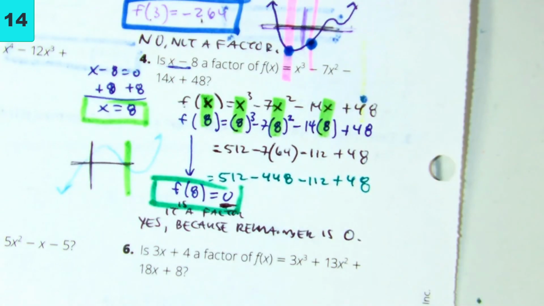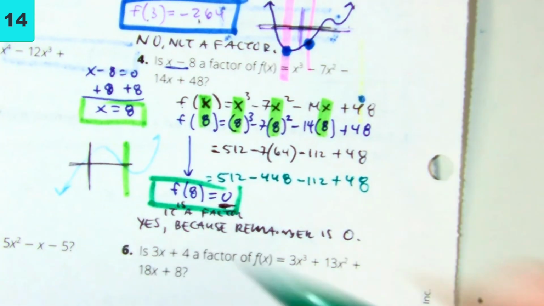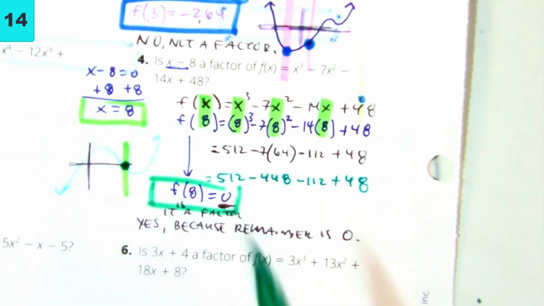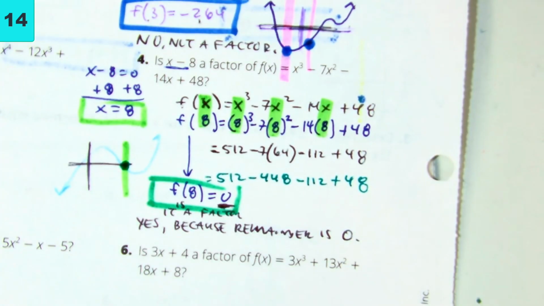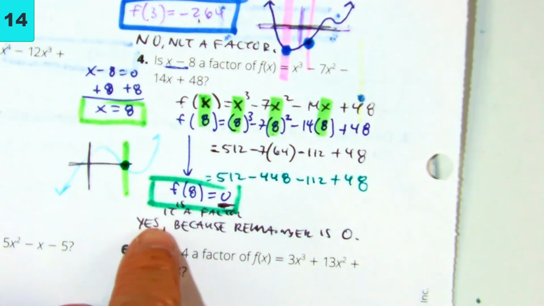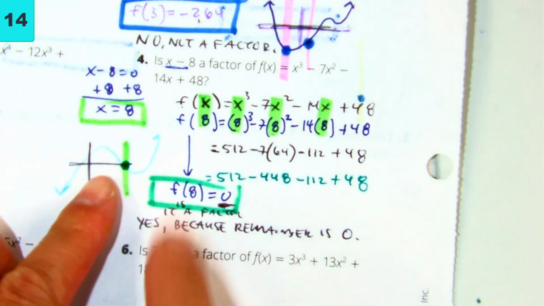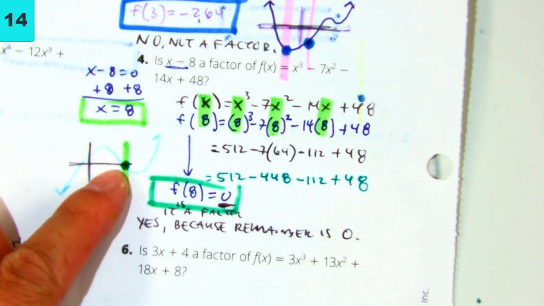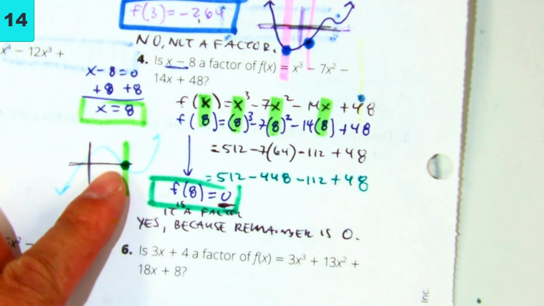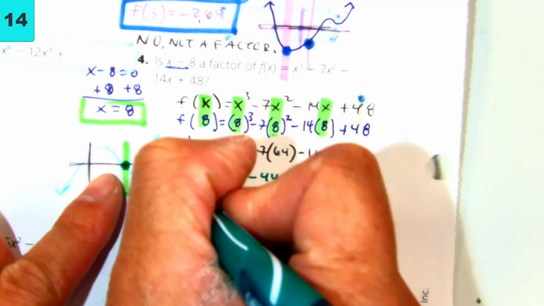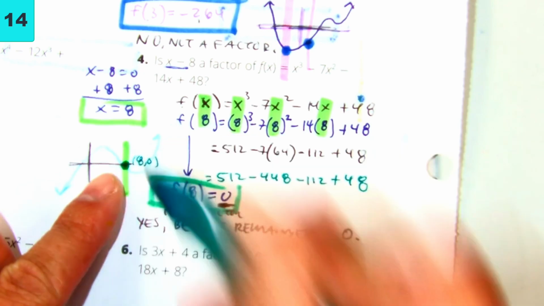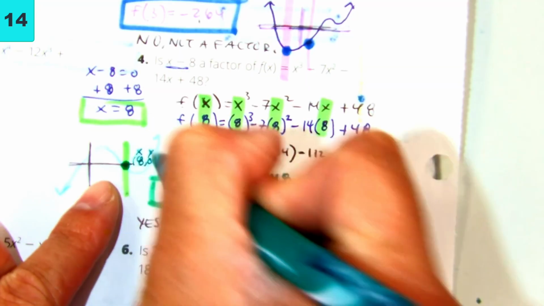I know that it's going to go through the x-axis there. You see the difference now? So if it touches the x-axis, then yes, it's a factor. If your remainder is 0, then it's a factor. Why is that the case? Because, class, what's the ordered pair there? 8, 0. Your x value is 8 and your y value is 0.